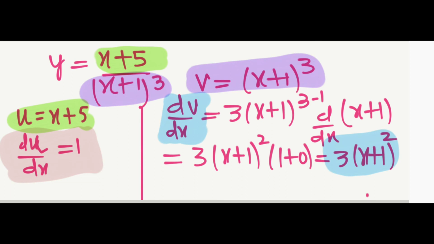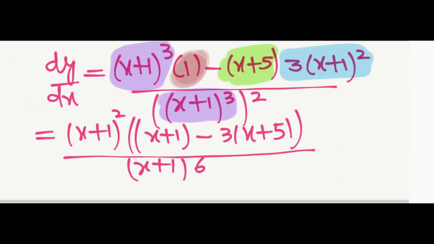Now further solve this. You get 3 into x plus 1 raised to power 2 into, now derivative of x is 1 plus derivative of 1 is 0. So finally we get 3 into x plus 1 whole square. Now substitute these values in the formula.